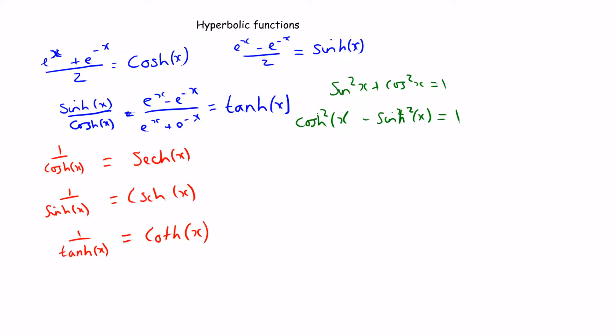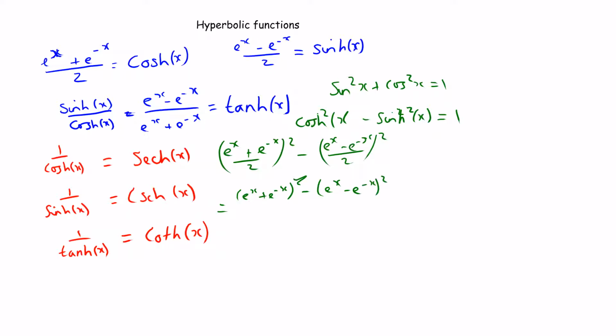And we can show this if we take the exponential form. So that is cosh squared take away sinh squared, of course, and then we can find the difference of these two: e to the x plus e to the negative x, squared, minus e to the x minus e to the negative x, squared, all over 4.